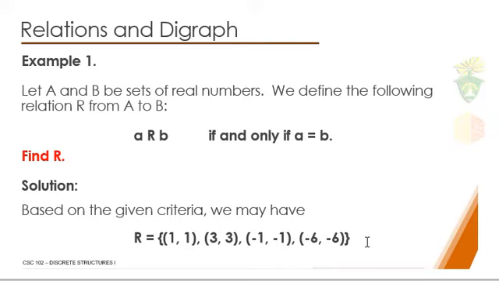So, klaro ba? Qualify ba siya sa given criteria? Ang first element sa ordered pair daw is related sa second element kung pareho sila og value. So notice, ang contents or ang ordered pair sa atong relation, klaro ba nga equal ba sila?